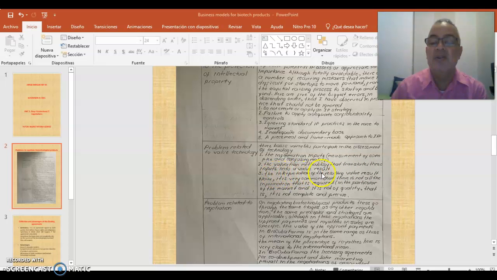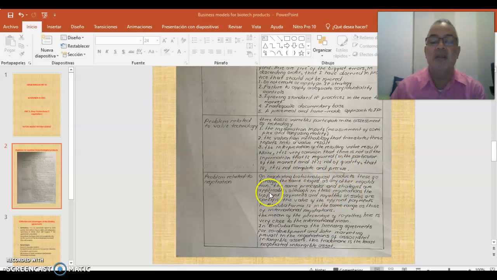The interpretation of the resulting value. Now it is very common that not all the information required is available in the particular market, and it is not complete.